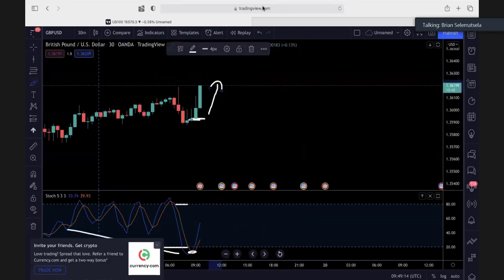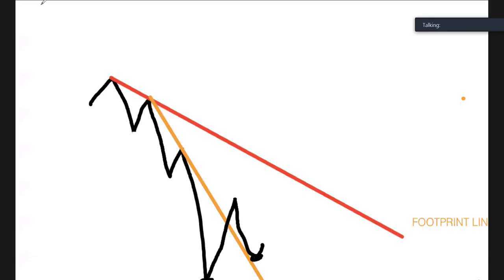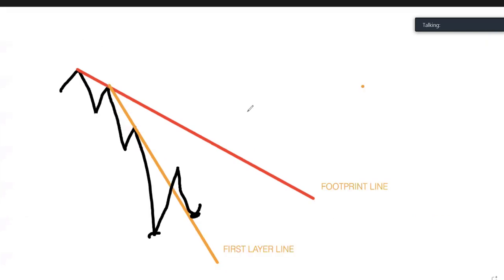So this technique is the one that you're using here. After that, you get on a buy. Then you have to wait for the market to formulate a new structure like that.